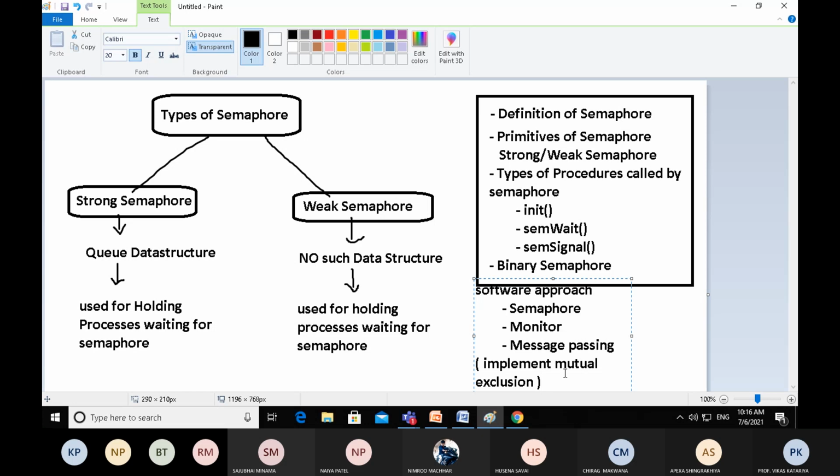So the main concept is that we want to implement mutual exclusion. There are three different approaches related to the operating system: semaphore, monitor, and message passing. We have done semaphore, and you get to know how we are using semaphore to implement mutual exclusion.